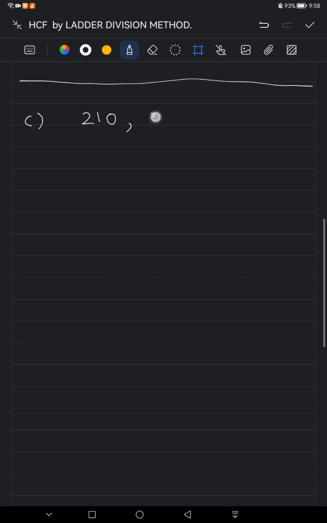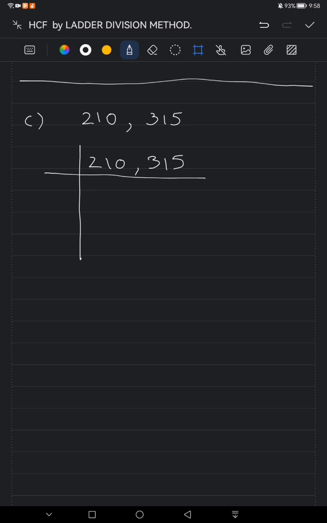210 and 315. Let's write them together. Now 210 is even and 315 is odd, so 2 is not the common prime factor. Next prime factor is 3.